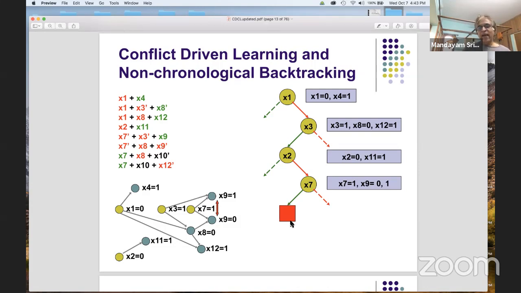It's when that conflict arises that you will have to backtrack. And the basic DPLL always uses backtracking to the latest decision point.